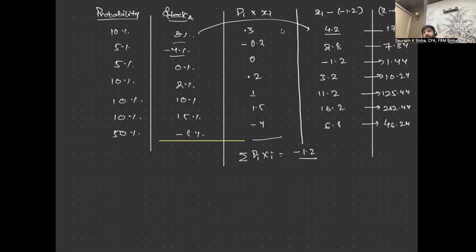If you see the formula, it is pi into xi minus mu whole square. So the next step is to do the multiplication with the probability. So 10% into 17.64, 5% into 7.84, 5% into 1.44, and so forth.